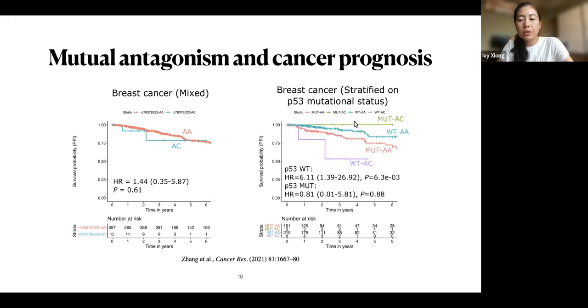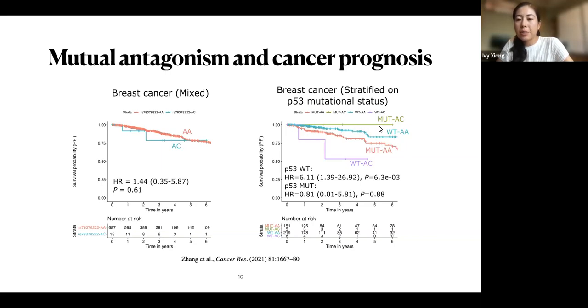However, when you do stratify the cases based on both the inherited genotype and the mutational status, we start to see a pattern. For example, we have the wild type cases with the C allele and no copy number loss. We know that this is actually a high risk profile. The survival profile is much worse compared to any of the other genotype combinations.